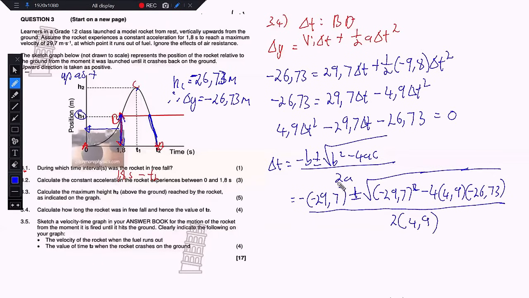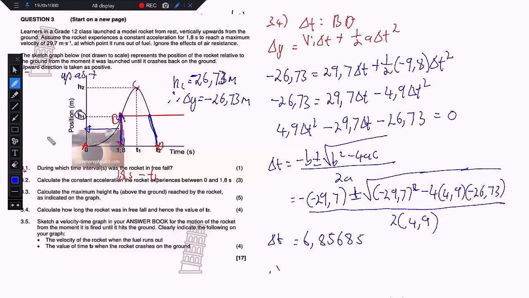Right. Then when you punch it into your calculator, we know that there will be one that is negative. You immediately cancel that one out. And then what we find is our delta t, the one that is positive, is 6.8568 seconds.